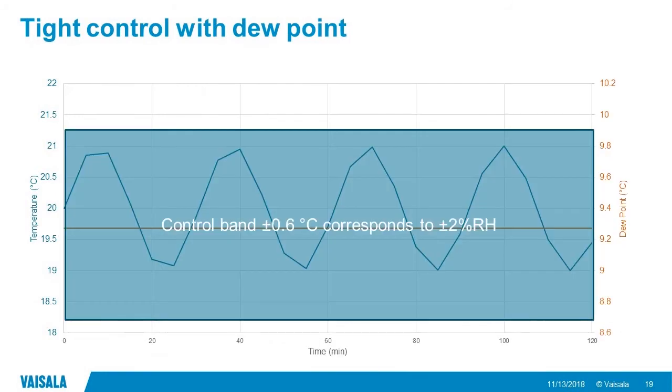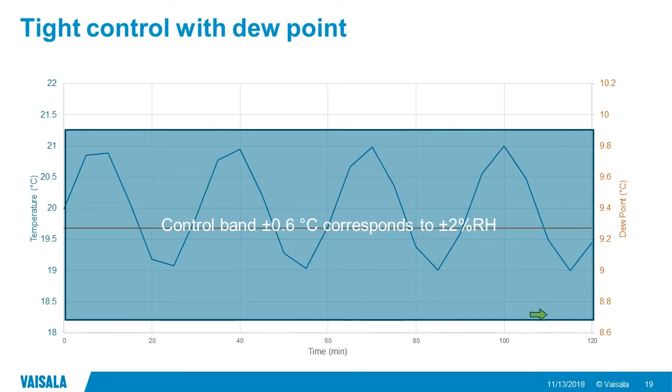And that means if you convert your desired control band of plus minus 2% RH to dew point terms, this means you're controlling to plus or minus 0.6 degrees centigrade. And this corresponds to your 2% RH control band.